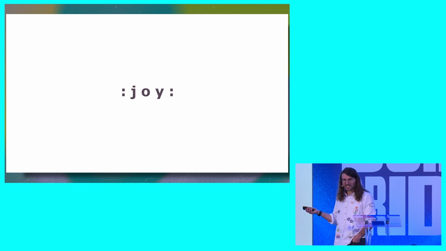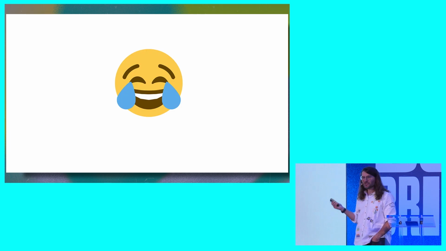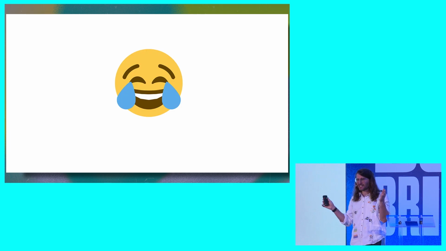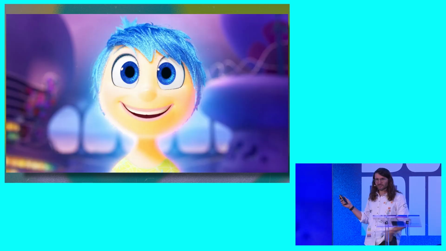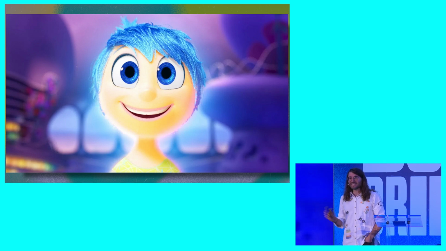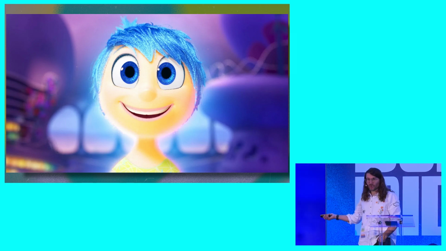If you type in :joy: in GitHub or Slack or wherever you can type in emojis, you get this one. This always seemed a little too ecstatic to me. If you Google image search joy, you get a lot of this character. Raise a hand if you know who this is. All right, I didn't. This is a character named Joy from the movie Inside Out.